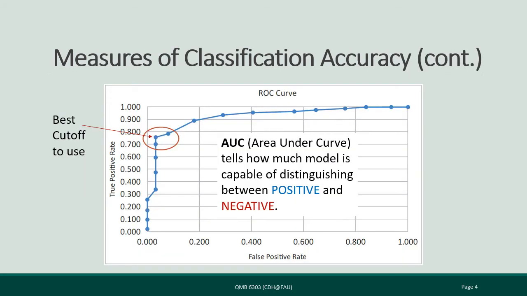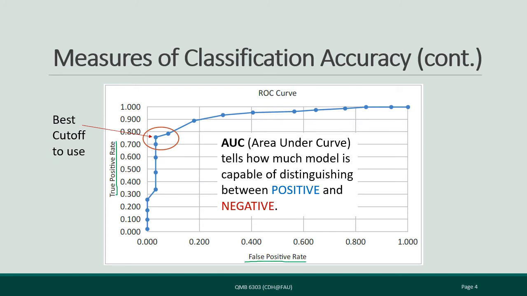And then there are two curves that are commonly used to measure the classification accuracy. One is called the ROC curve. The ROC curve is a curve that we draw using the true positive rate against the false positive rate.